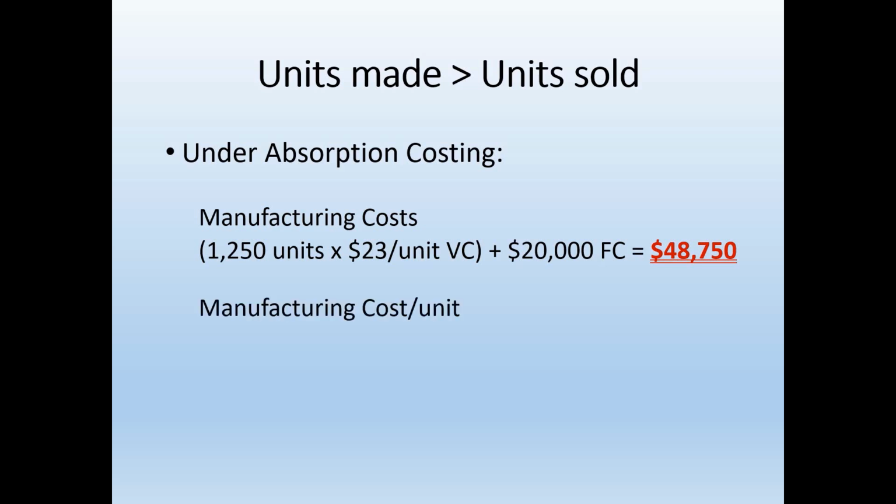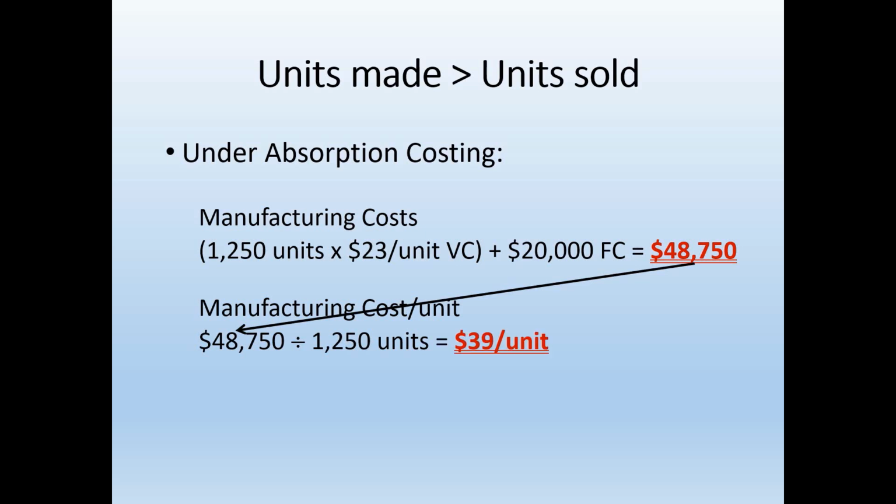To find the manufacturing cost per unit, we take the total manufacturing costs and divide by the total number of units. And we find that in November, the manufacturing cost per unit is $39. That's very odd because the manufacturing cost per unit last month was $43.